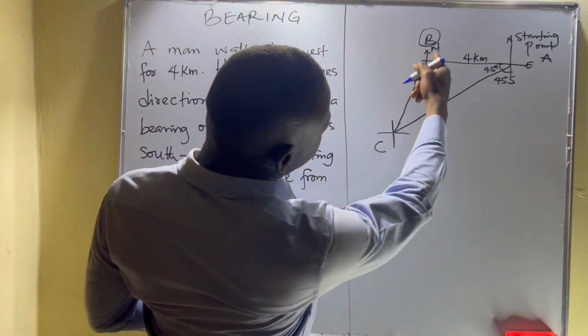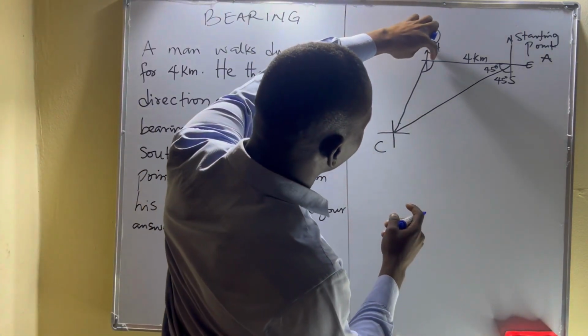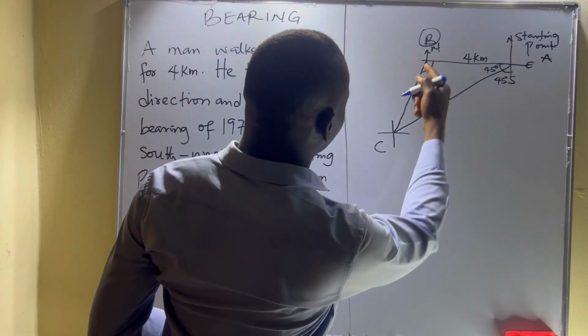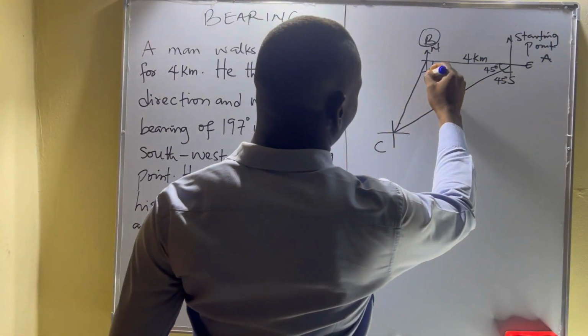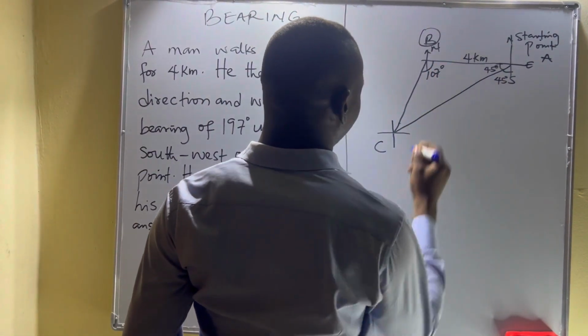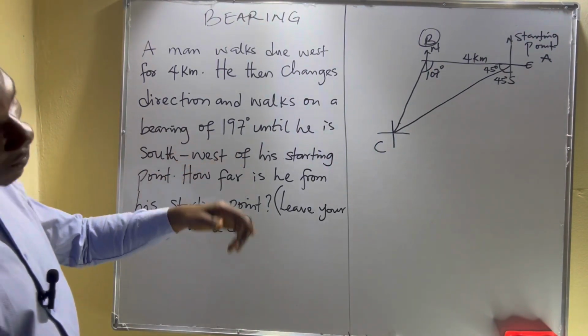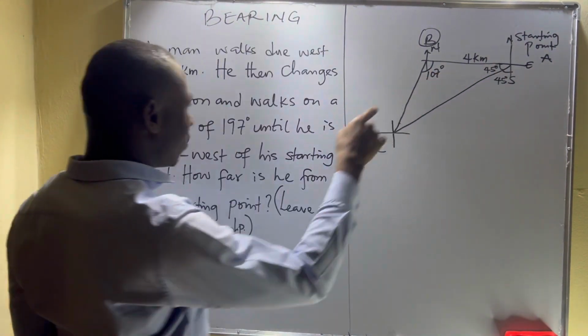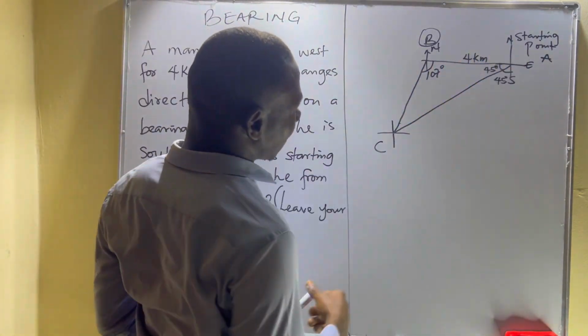So for us to get this angle, we say 197 take away this 90. What will it give us? It will give us 107 degrees. Okay, so we want to look at this distance from the position where he is from his starting point.